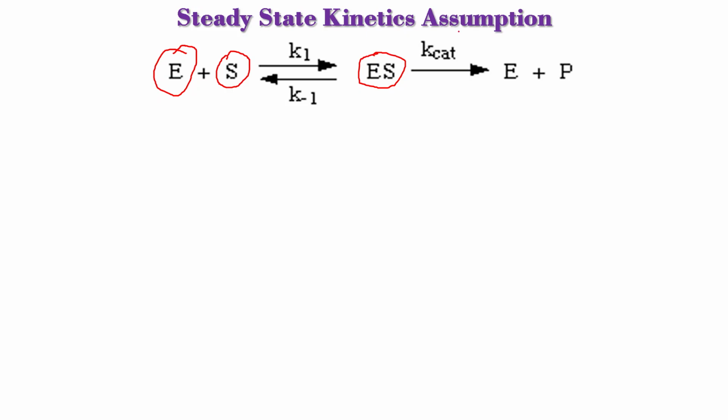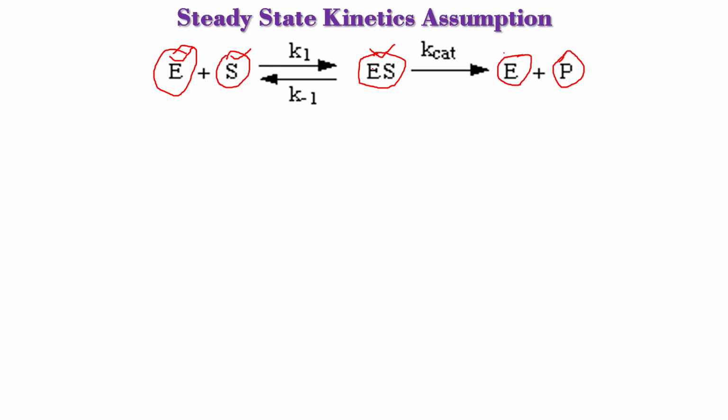But this time around, we are looking at a situation where this ES is broken down to give free enzyme and then products. The enzyme binding with the substrate has a rate constant of K1.